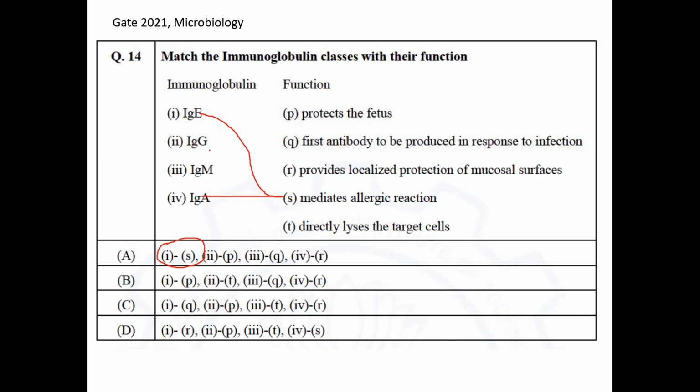IgG protects the fetus as we read here, so the second option will be P. IgM is the first antibody produced in response to infection, and number 4 will be it provides protection against the mucosal surfaces. So 4 and 3. So the answer of this question will be option A. Question number 14, answer is A.